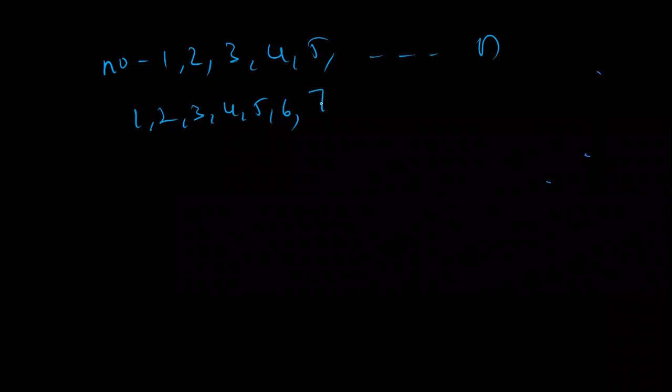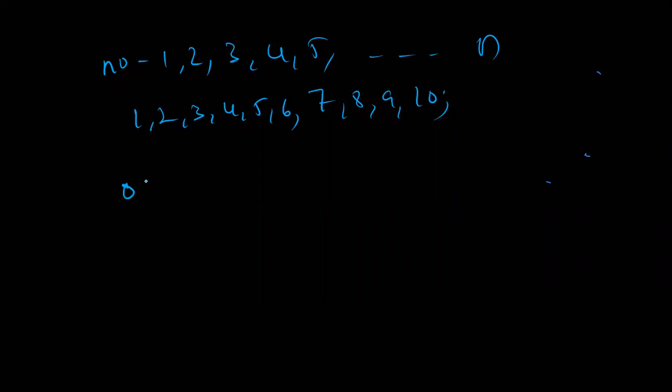For example, you have many numbers: numbers equal to 1, 2, 3, 4, 5, and so on up to n numbers. Say you have 10 numbers, 1 to 10. In these numbers, you need only odd numbers, so you write a function.